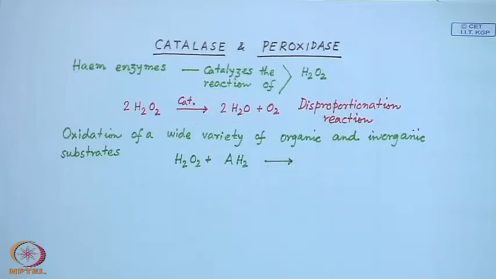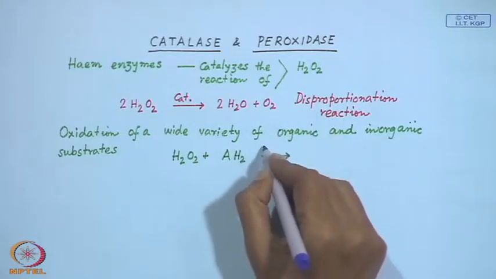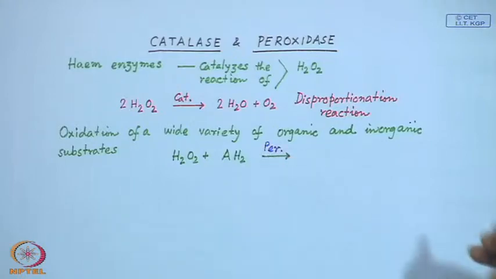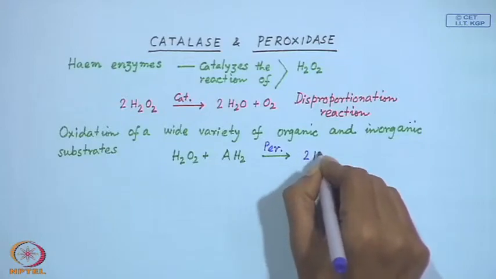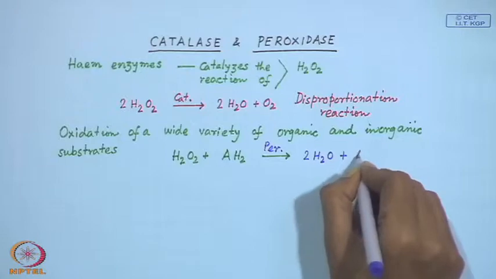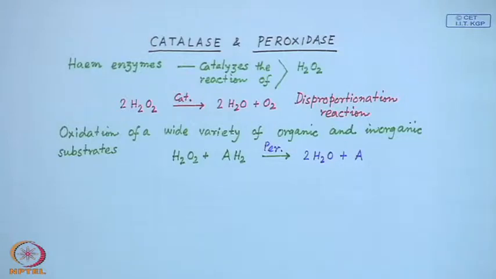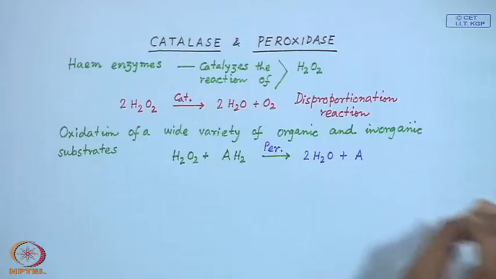So, it is an oxidation reaction. This will be converted in presence of the catalyst, which is peroxidase, giving rise to 2H2O plus A, which is your oxidized form. AH2 is the reduced form and A is your oxidized form.